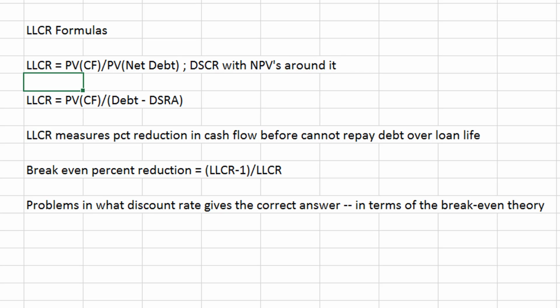Now, the net debt is the principal of the debt, and the DSRA should be taken away from this, not added to the numerator, even if that's what your covenant says. It doesn't conform to the theory.